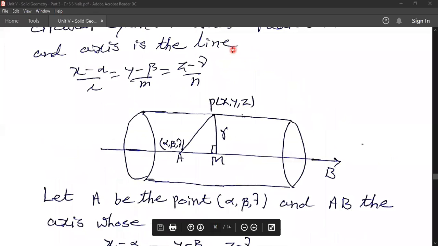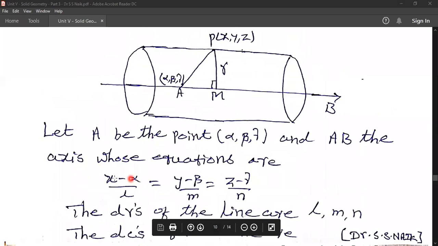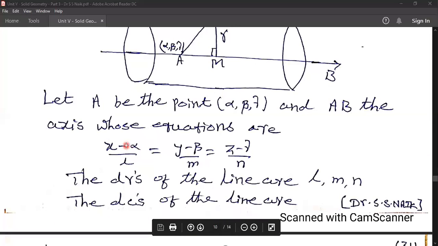So we take that as the equation of the axis.